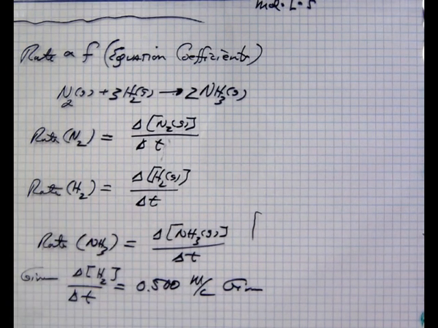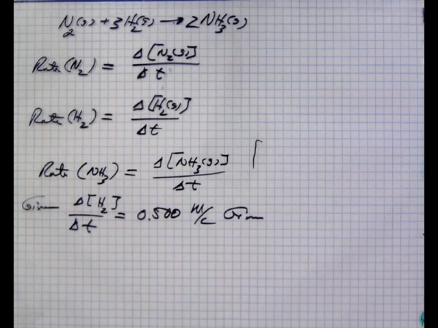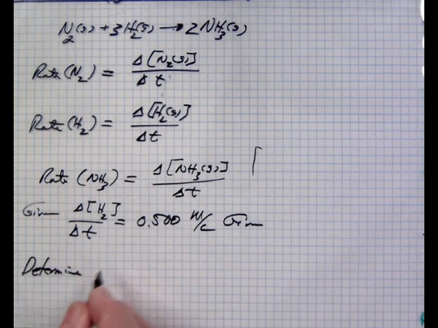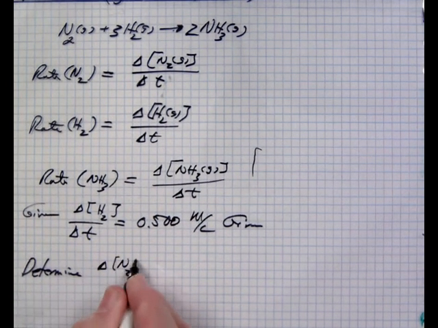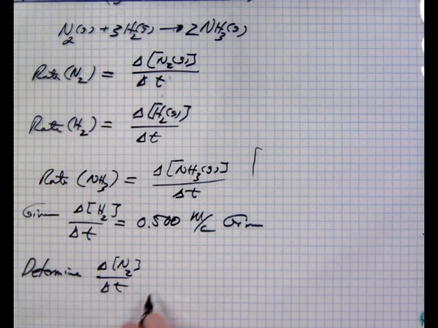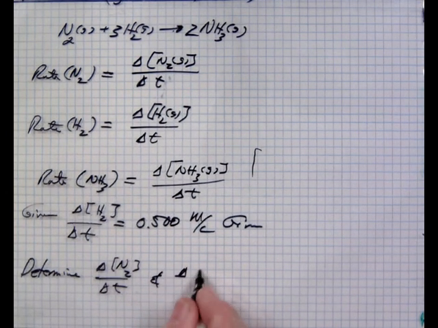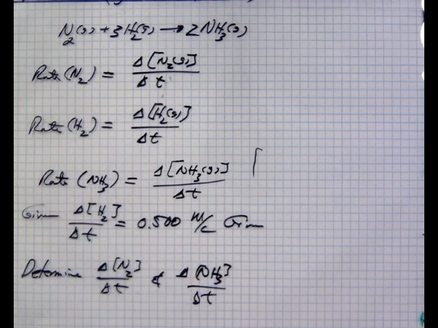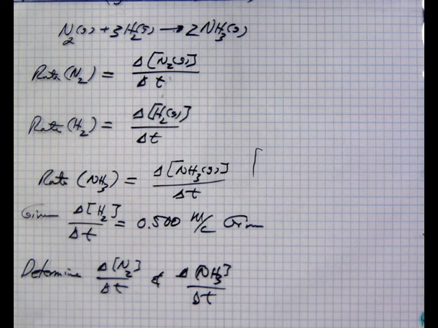Okay, now you determine the concentration of the other components of the reaction from that. Determine change in nitrogen over time and change in ammonia over time, like that. So you're trying to compare one based on the knowledge of another.